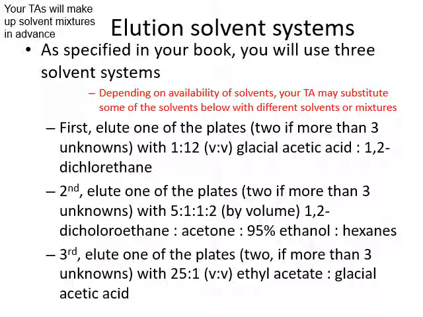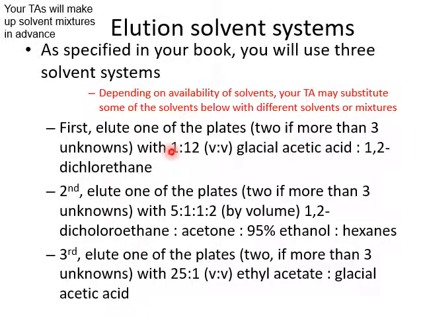So let's go through these. The first system that you would use is a 1 to 12, sorry, by volume of glacial acetic acid and 1,2-dichloroethane. So is acetic acid very polar or not? Well, it's very polar.